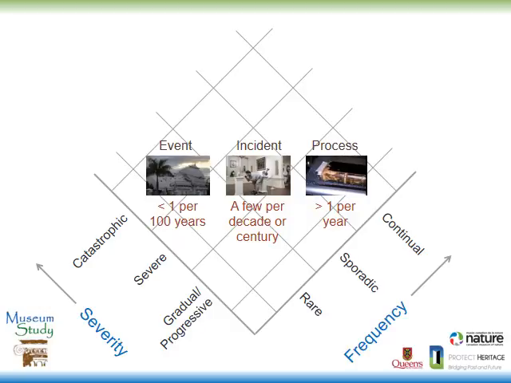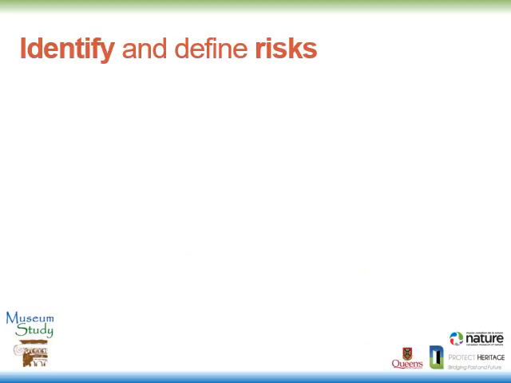And in the middle are these sporadic incidents, typically a few per decade or a few per century, but definitely more than once per 100 years, and not as rare as just once per year. So a few per decade or a few per century.